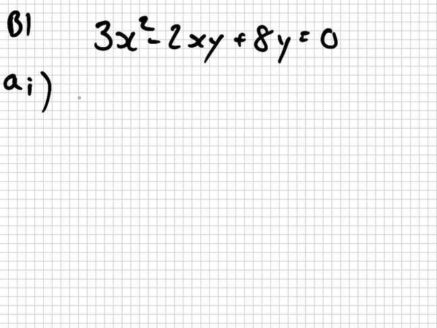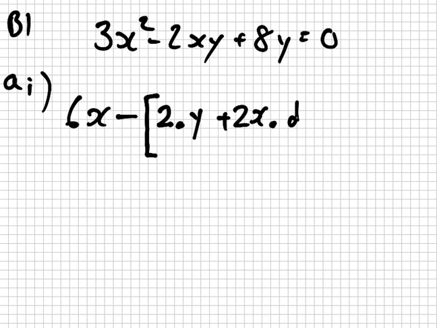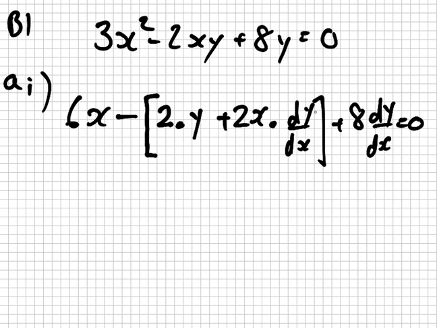So that's 6x minus, now here you need to be careful, you need the product rule. 2 times y plus 2x times dy/dx, plus 8 dy/dx equals 0. Just be careful, here this is a product.